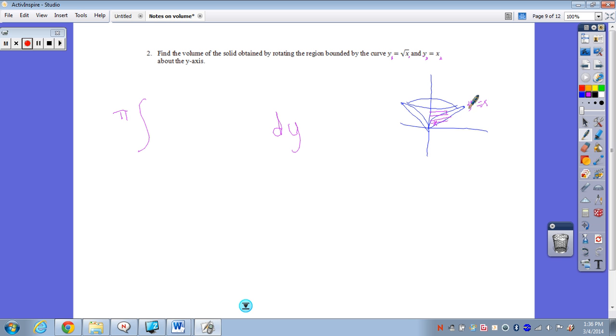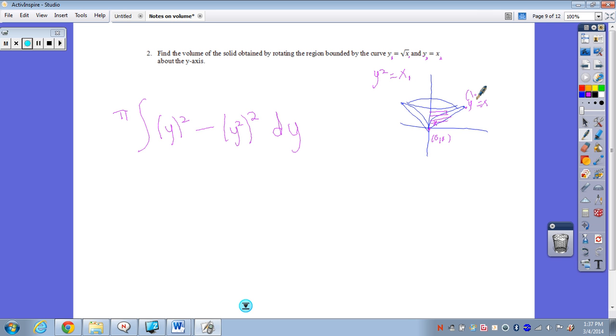So my outer radius is x or y, which is equal. So we're going to have y squared minus my inner radius is this x distance. So I have to solve for y, so I square both sides. So x1 is equal to y squared. So I'm going to have y squared, and then I have to square it again for my radius, and then my bounds are on the y-axis. So this point is 0, 0.